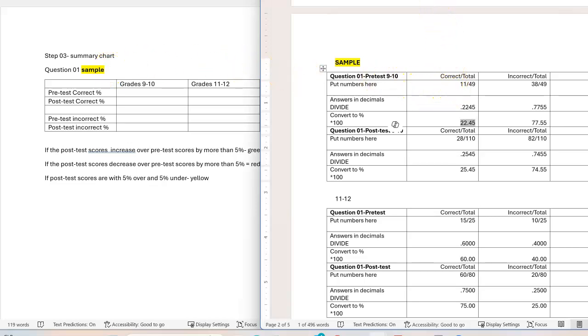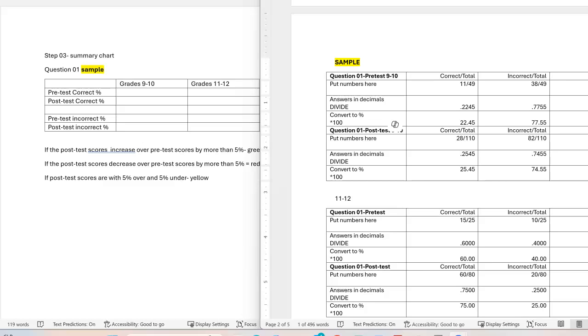So in step 2, you have the percent correct and the percent incorrect. We want to put these over on this other sheet. And we have incorrect percentage and incorrect percentage, pre and post.